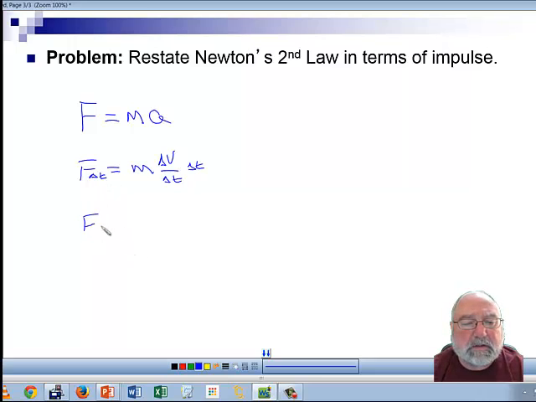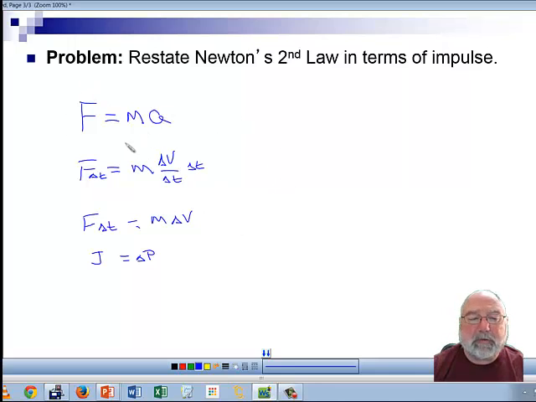Oh, this is starting to look promising. Force times change in time is equal to mass times change in velocity. Impulse causes momentum to change. Cool. That's really cool.